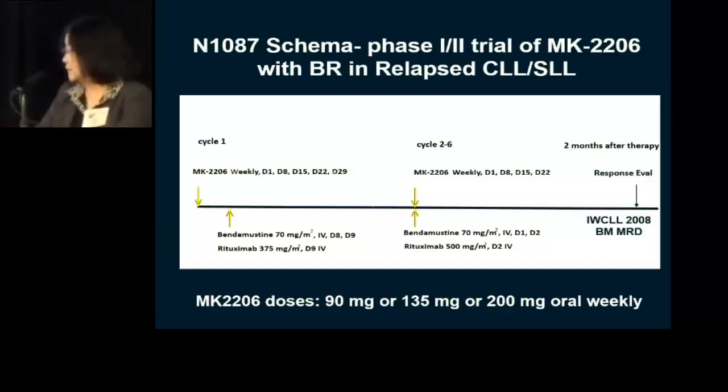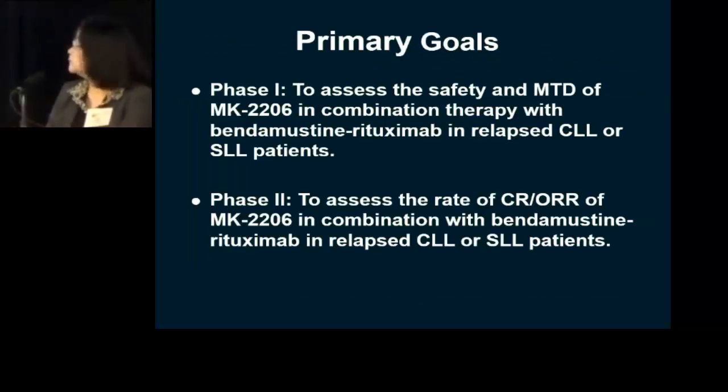Dose level 3 is 200 milligram oral once weekly. This dose level 3 was determined as MTD based on the refractory solid tumor trial. The primary goal of the phase 1 study is to determine the safety as well as determine the maximal tolerated dose of MK-2206 in the combination.